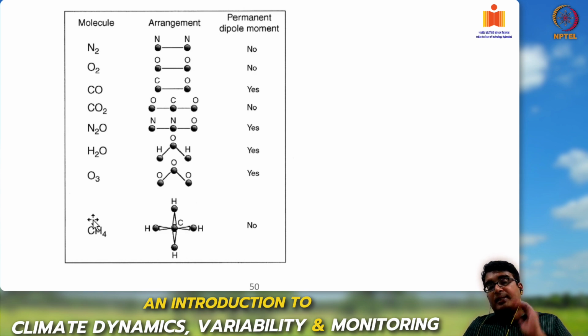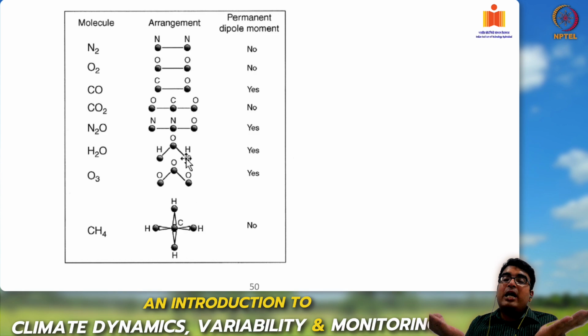The other thing is, some of the molecular structures are linear, like nitrogen, oxygen, and CO, as well as CO2 and N2O. These are all linear structures, a single line. Water vapor and ozone are planar molecules. They are not linear, but all the atoms are in a single 2-dimensional plane, a wedge-shaped plane.